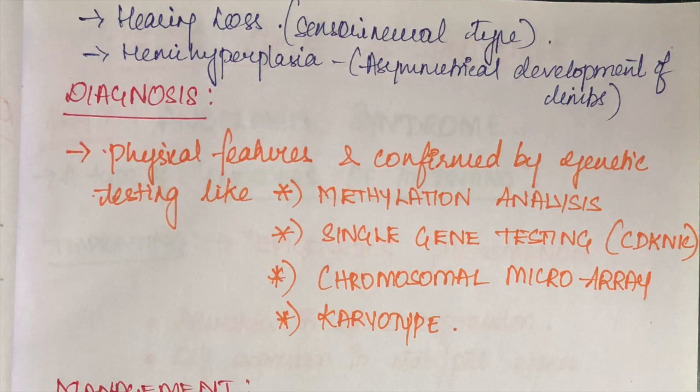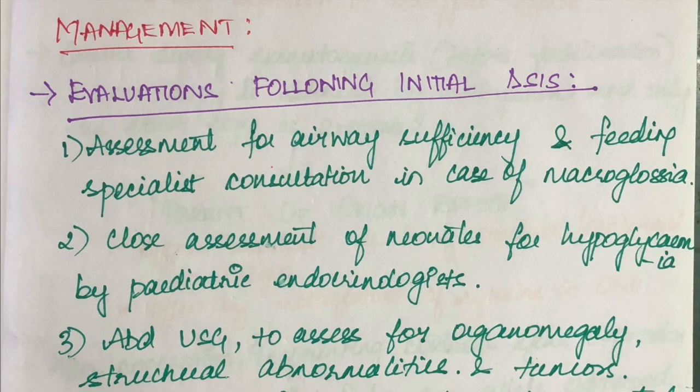So, how do we manage these patients? In these patients, we have to first evaluate the following at initial diagnosis. First, you have to assess whether they have a feeding deficiency, and a feeding specialist can also be consulted in case of macroglossia.